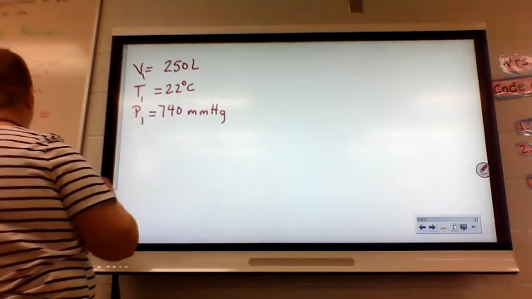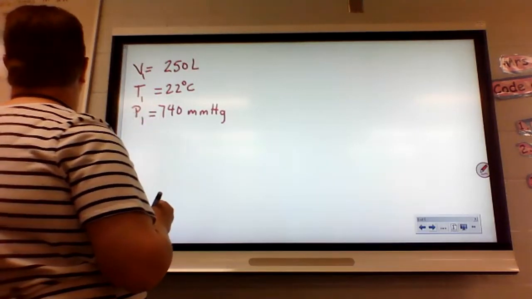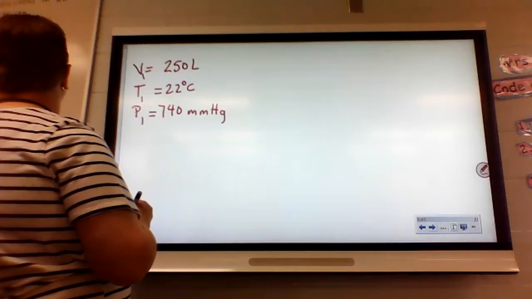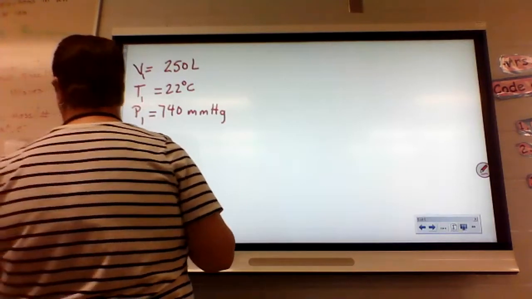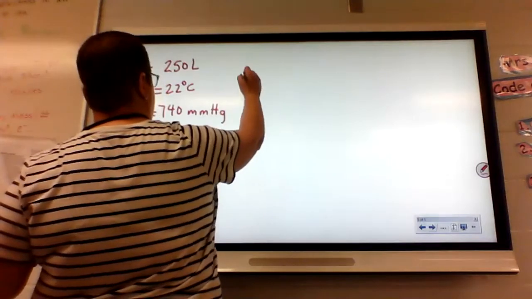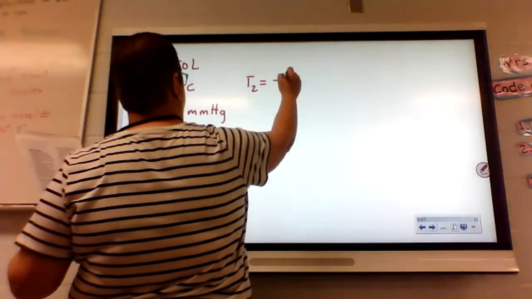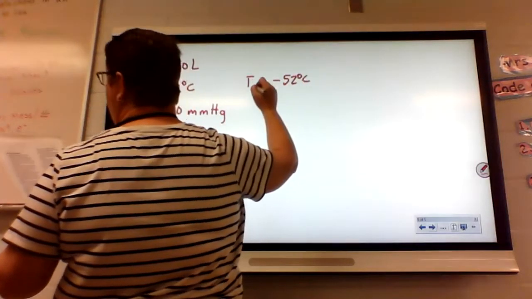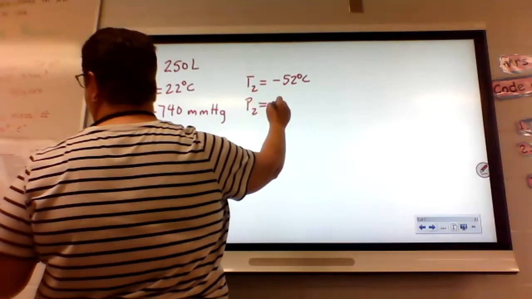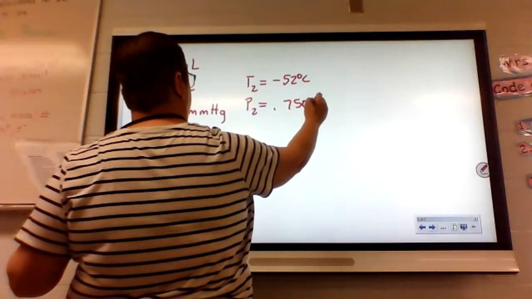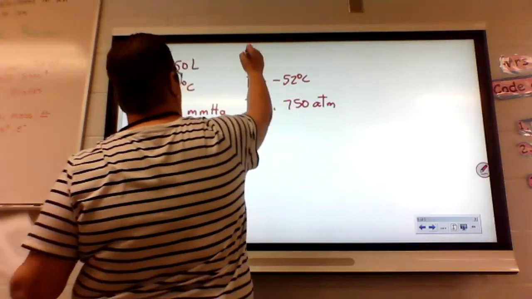If I keep reading, it says if the volume of the balloon varies according to external conditions, what volume will it occupy if we have negative 52 degrees Celsius and 0.750 ATMs? And we're looking for volume.